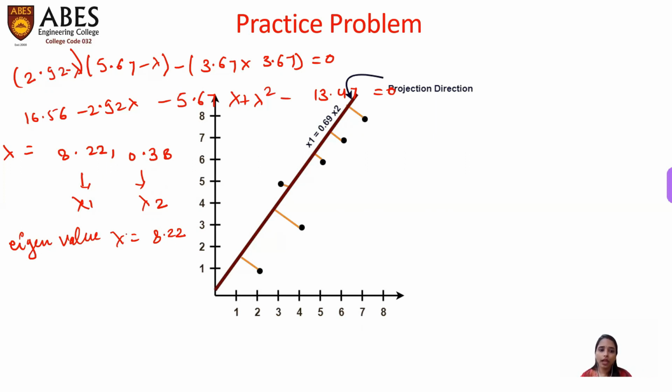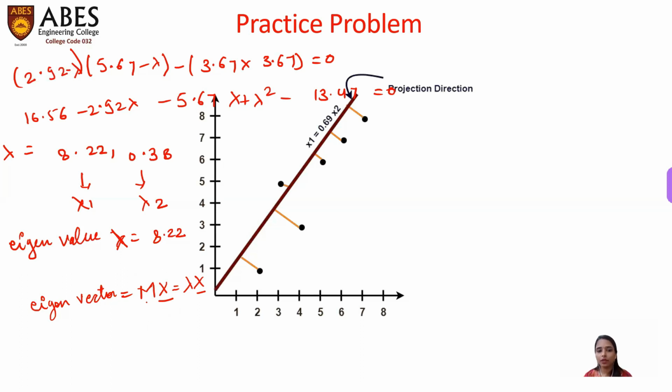Now with the help of this eigenvalue, we are going to calculate our eigenvector. We can calculate the eigenvector with the help of the covariance matrix: M times X equals lambda X, where X refers to the eigenvector.